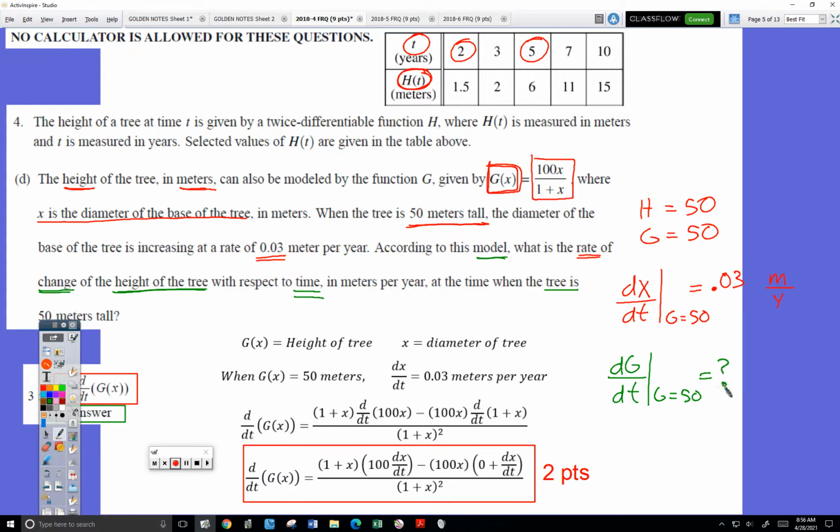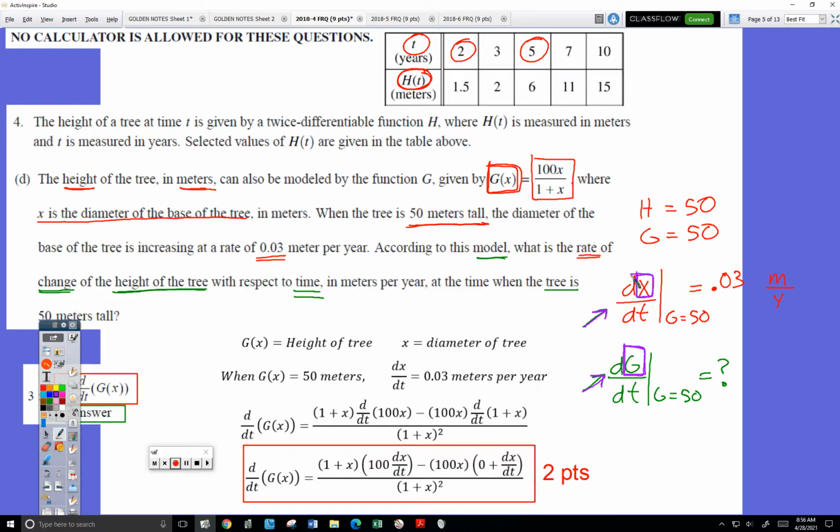So that looks like related rates, where I have one rate and I'm trying to find another rate. So I need an equation. The rates are listed. The equation I need must involve the height of the tree and the diameter of the tree, because if these two rates are related, then these two amounts are also related.